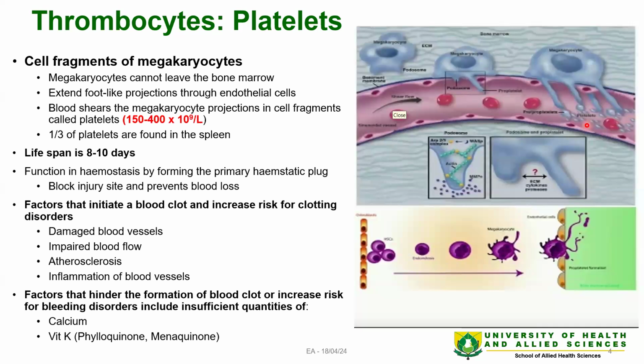So that's how the name came by, and we call them platelets. So it's like you have those pseudopods being broken, like how when a plate falls and shatters, you have bits and pieces of the plates. So that's how we got the name platelets. So that's how the whole thing happens. And then you have platelets being shed into the bloodstream.